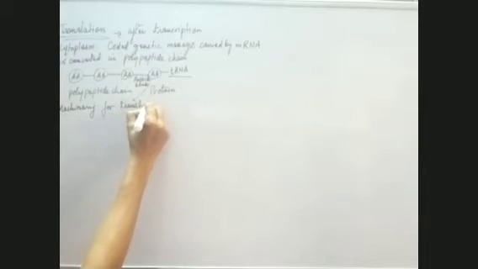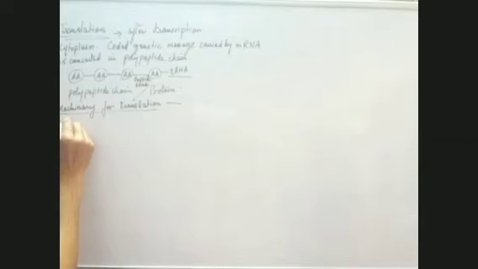Okay, so let's start. We start with the machinery for translation. What is required for translation? The machinery for translation includes transfer RNA, that is tRNA.